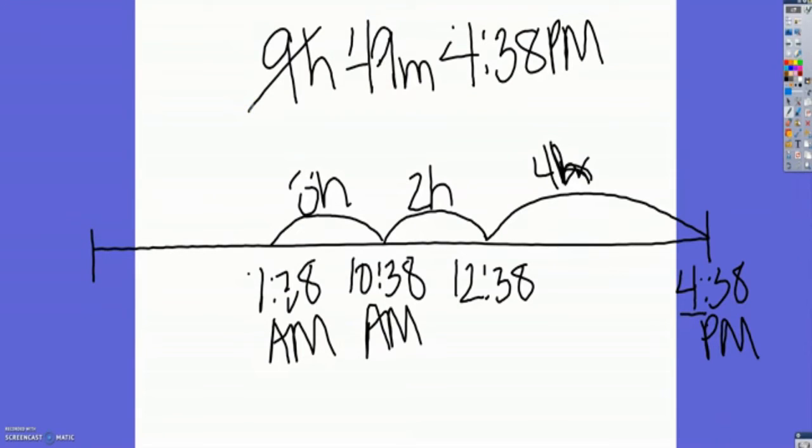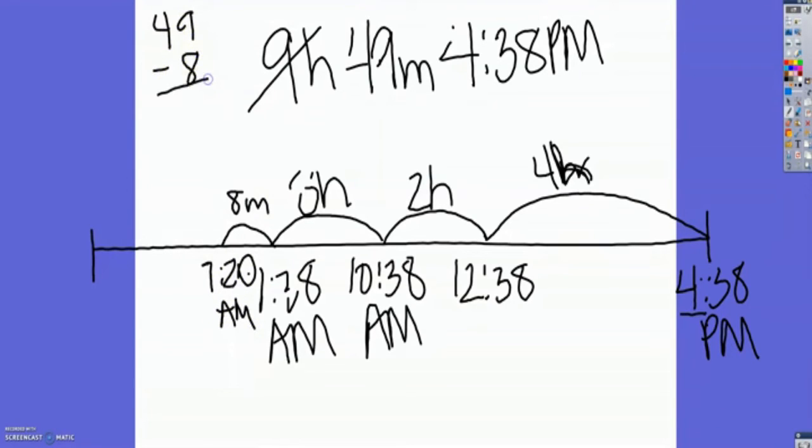We have 49 minutes left to jump. Well, if I ended up at 7:38, that's not a really easy time to work with. So I'm going to go ahead and jump back 8 minutes, because that will put me at a nice, easy 7:30 a.m. So if I take my 49 minutes that I had and subtract 8 of them, that leaves me with 41 minutes.